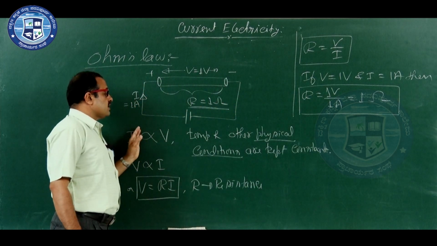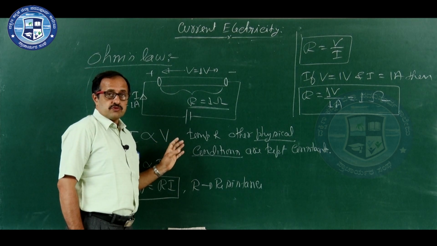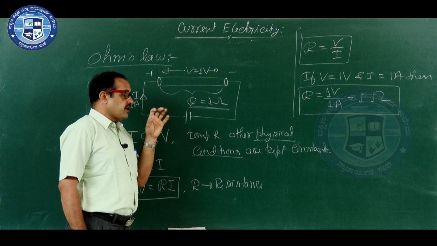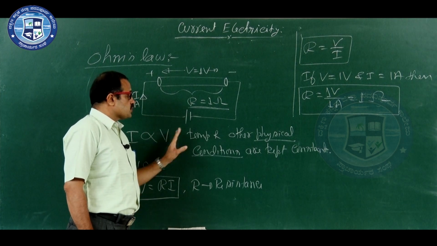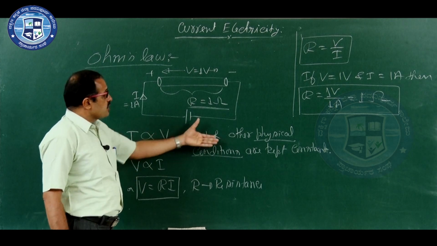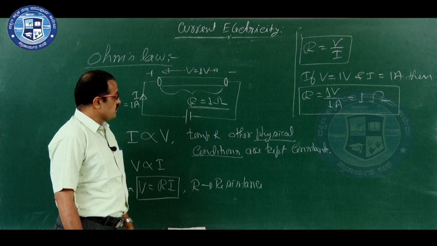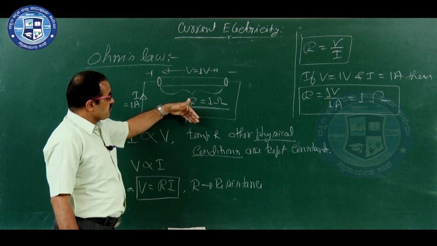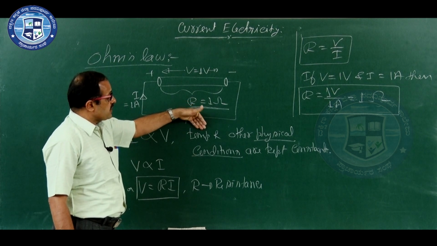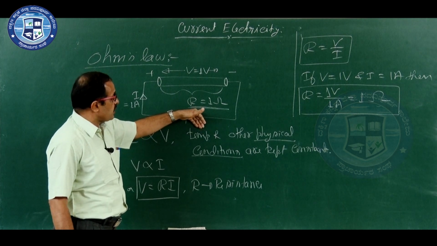Now, what are the drawbacks or limitations of Ohm's law? Ohm's law is not a general law because it has got so many drawbacks. The drawbacks are there in the statement itself. We will get 2 points from the statement. First, Ohm's law is applicable only when temperature is kept constant. If temperature changes, Ohm's law is not applicable.